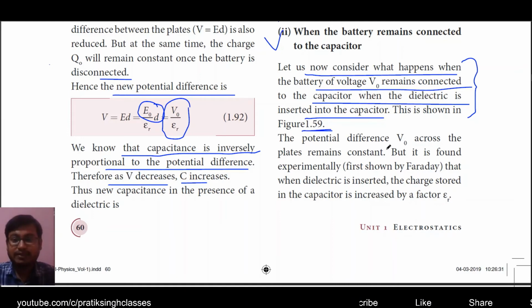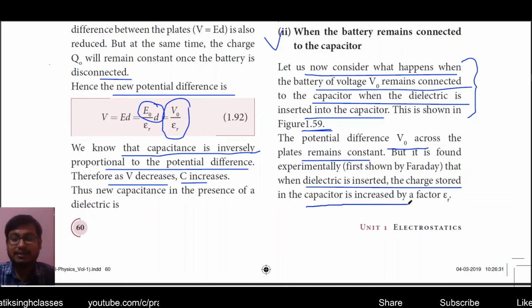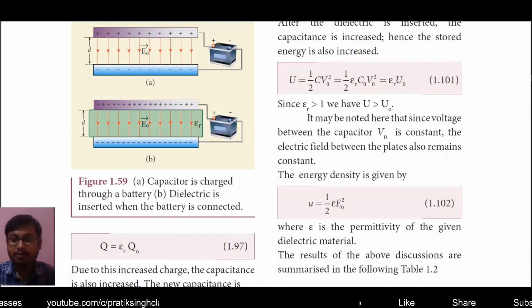The potential difference V naught across the plates remains constant, but it is found experimentally that when dielectric is inserted, the charge stored in the capacitor is increased by the factor epsilon r. Keep this in mind. This is the situation as given in figure 1.59: the capacitor plates are connected with a battery as shown here, and the battery is being discharged.